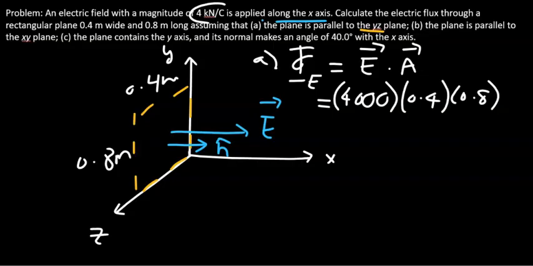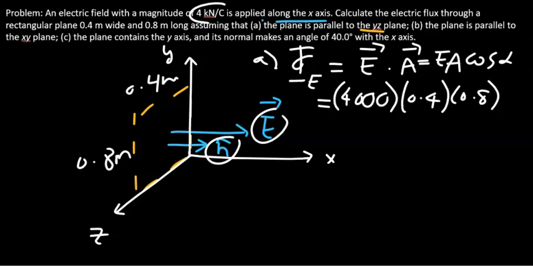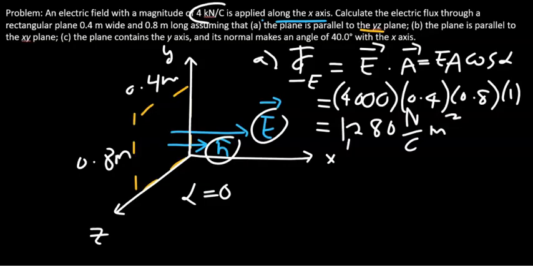But don't forget, this expression is actually E times A times cosine alpha. Alpha is the angle between these two vectors. In this case, they're parallel to each other, so alpha is 0. Cosine alpha is 1. And that is the electric flux. And the answer is 1,280 newtons per coulomb meter squared.